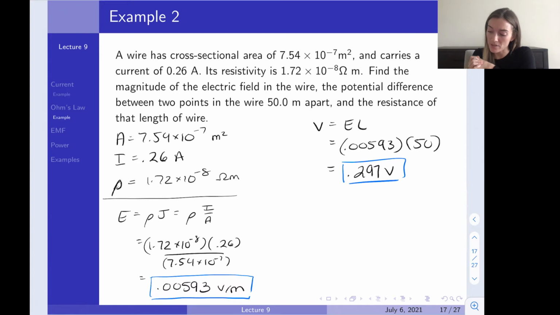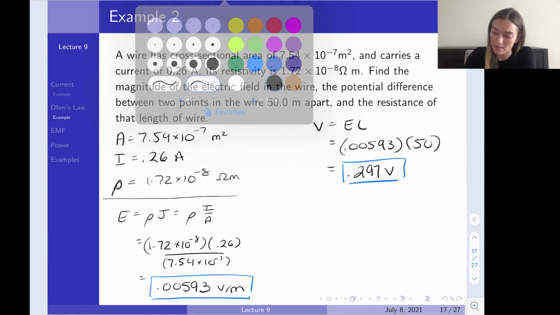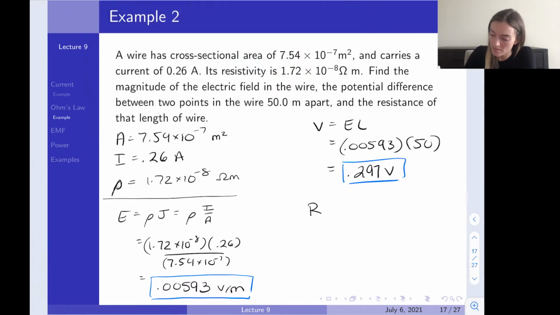And now we want to find the resistance of that length of wire. The resistance is going to be rho times L over A, and we have everything we need again. Rho is 1.72 times 10 to the negative 8.